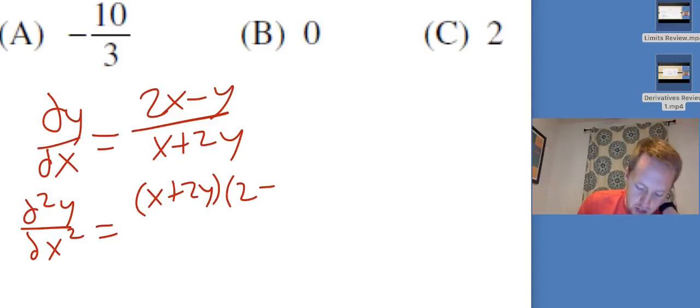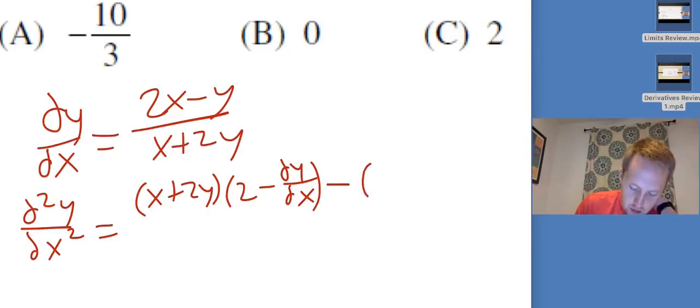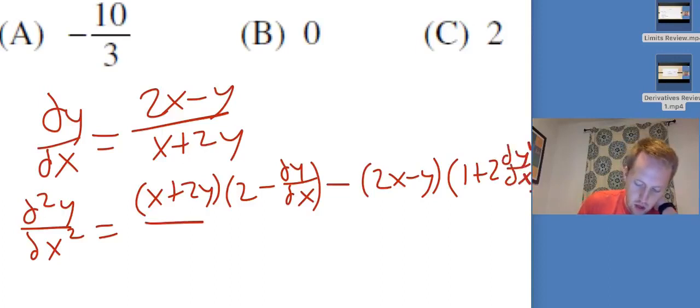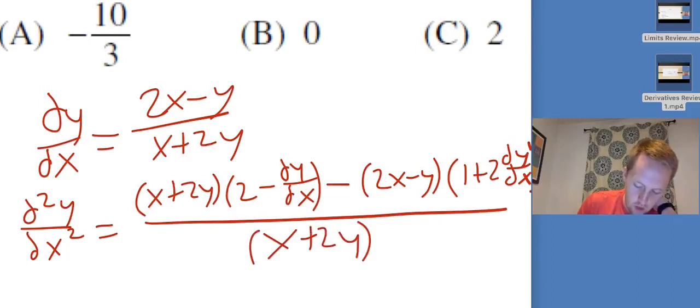So it's going to be 2 minus dy dx, minus the top, 2x minus y, times the derivative of the bottom. So that's going to be 1 for the derivative of x plus 2 dy dx, all over x plus 2y quantity squared.